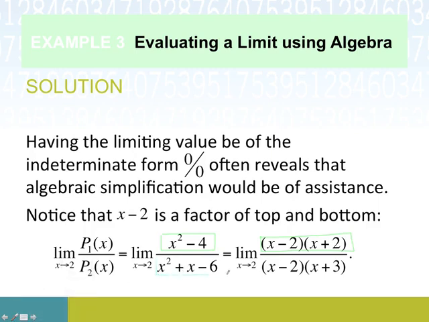So here is profit function number 2. That, with some convenient factoring, looks like x minus 2 times x plus 3. And then the great part about that, of course, when you have a factor in common on top and bottom, that factor can be removed. So with that factor gone, all that's left is this x plus 2 over x plus 3.